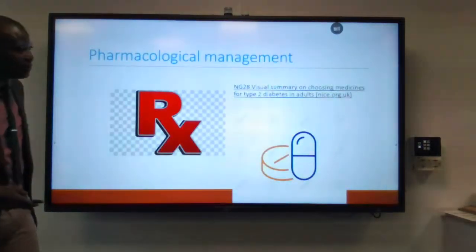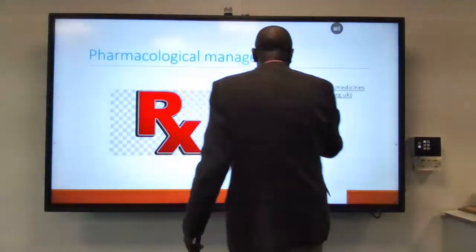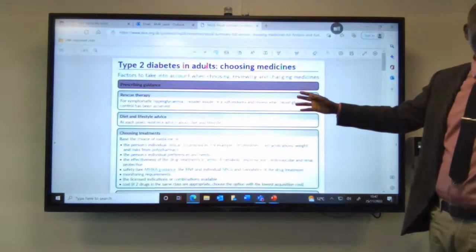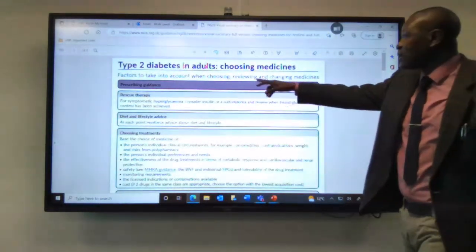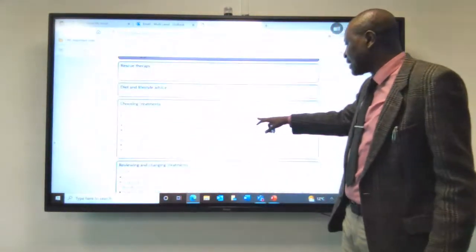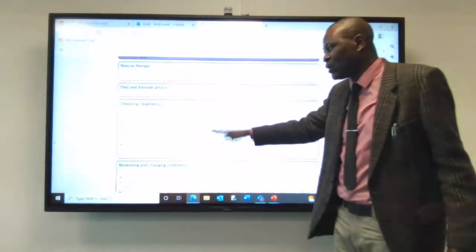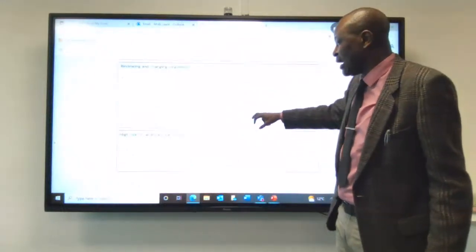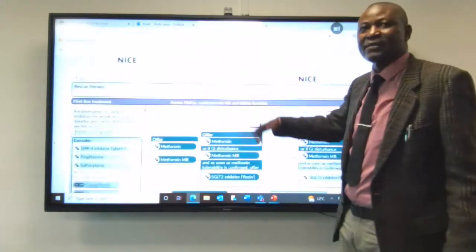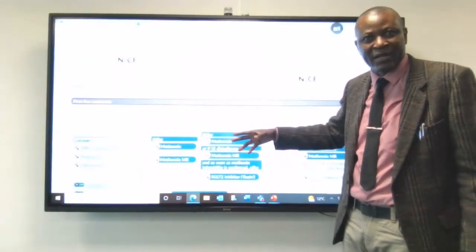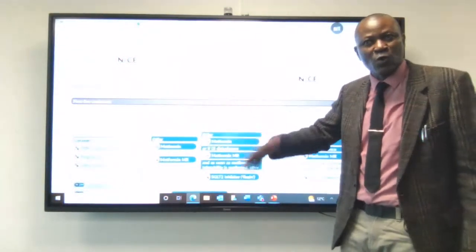So for pharmacological management, what we use is the NICE guideline. For type 2 diabetes, when choosing, you consider the person's individual clinical circumstances and individual preferences, according to the NICE guideline. All the drugs are here, and it tells the doctor, or anybody prescribing for diabetes, what to give first and what to move to next.